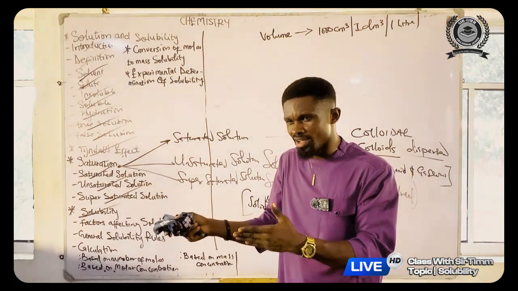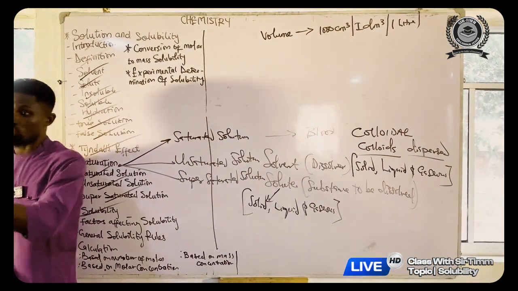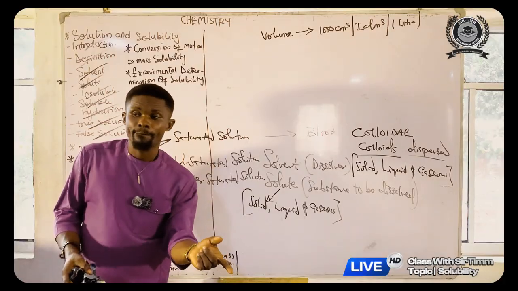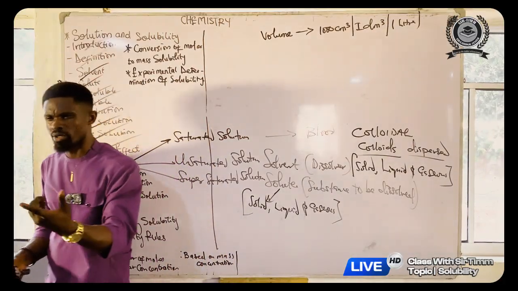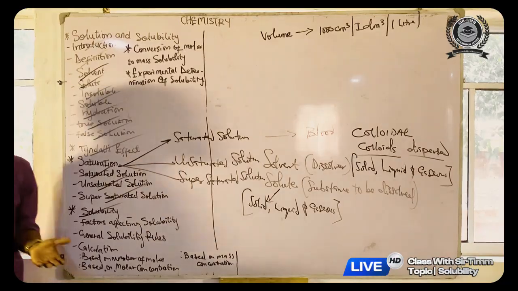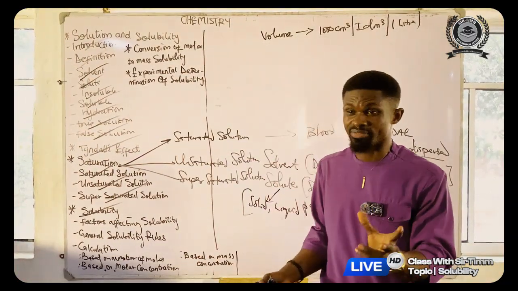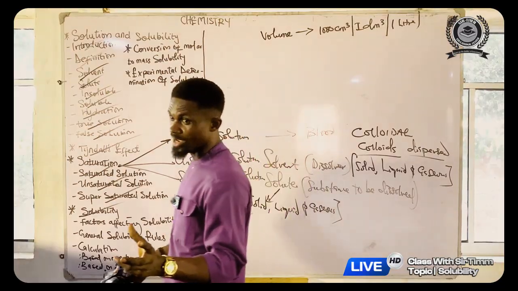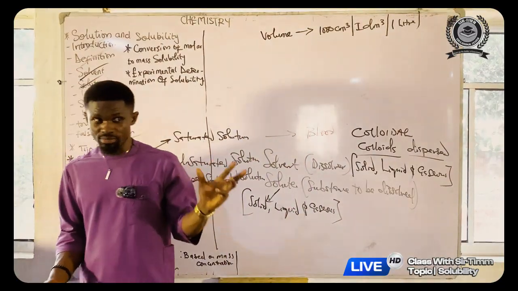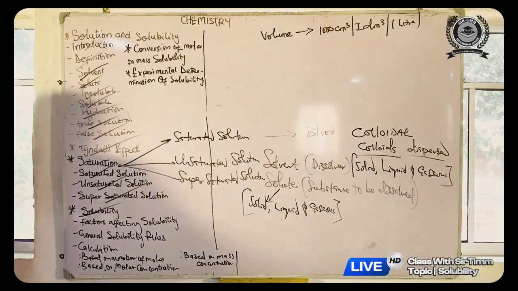Because we're looking at liquid dissolving in liquid now. Initially, we were looking at solid dissolving in liquid. What about pressure? Since we're not talking about gases, there's no significant effect. Are you with me?